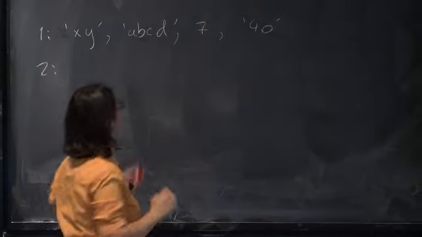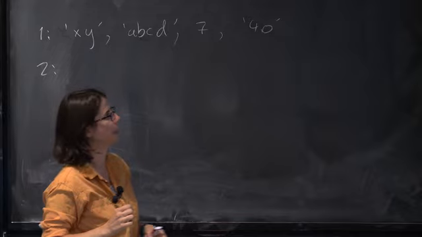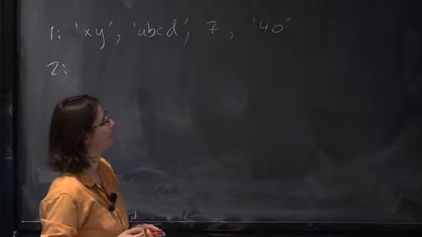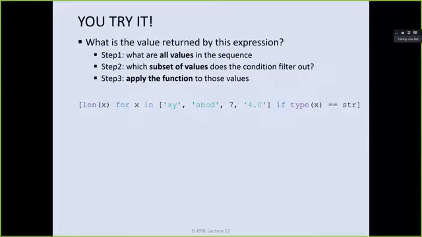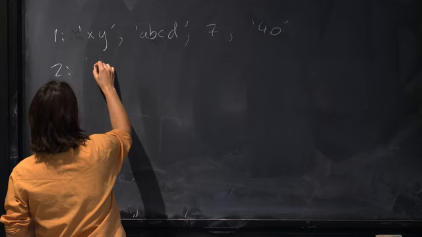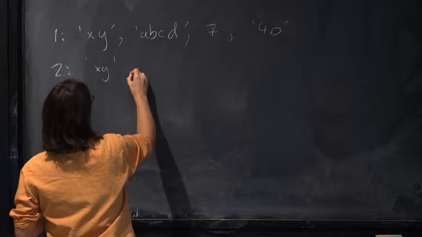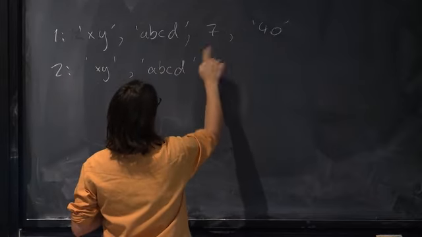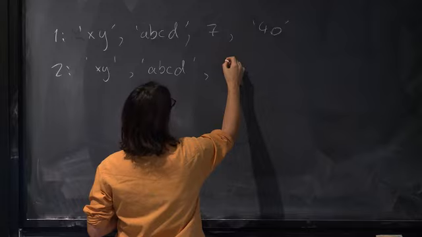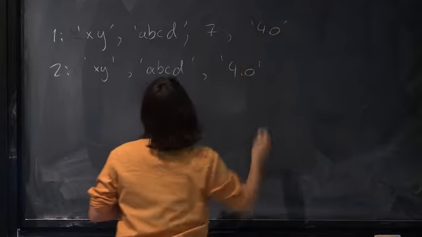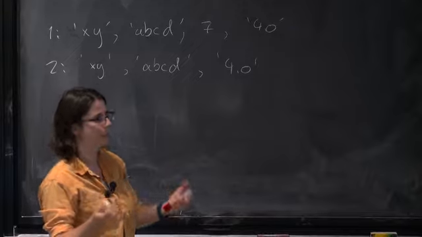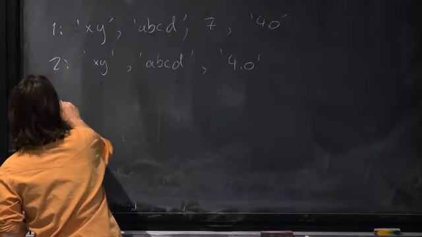Step 2, from this list, what are the values that I'm actually keeping, based on the condition? If they're a string. All right, which one's a string? Is x, y? Yes. Is A, B, C, D? Yep. Is 7? Nope. Is 4.0? Yes, excellent. Okay, so these are the elements that I'm keeping, and now what's the function I'm applying, and what's the result going to be?